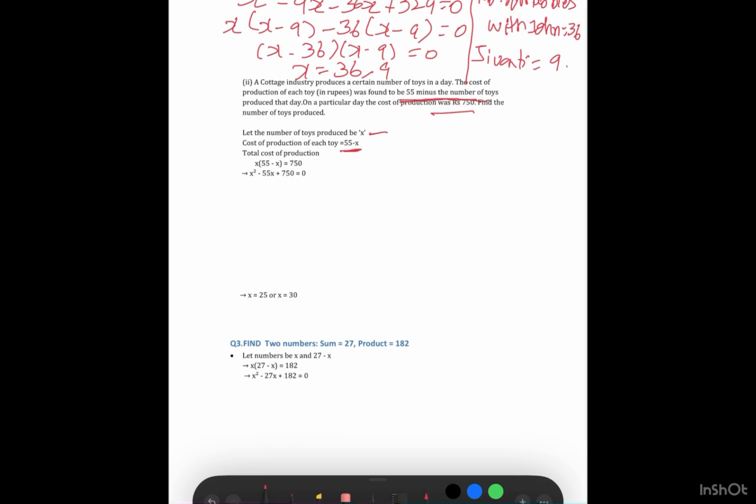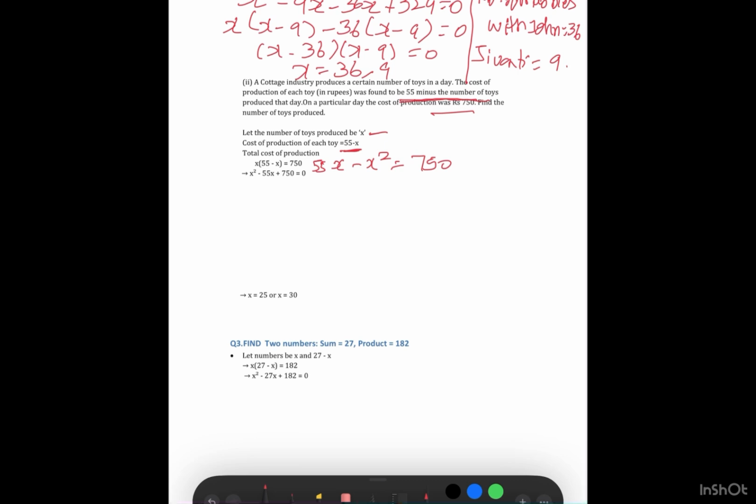If I multiply the number of toys with the cost of production of each, I'll get the total cost of production. So x into 55 minus x will give me the total cost of production, and the total cost of production is also 750 rupees. So my equation will be x into 55 minus x is equal to 750. When I open the bracket, this will become 55x minus x square is equal to 750.